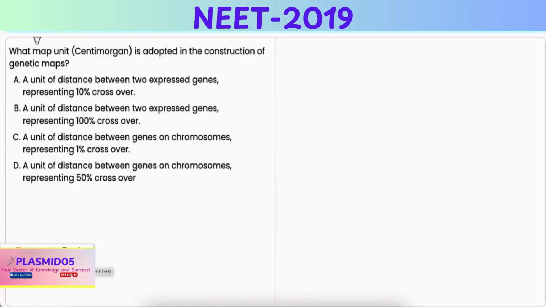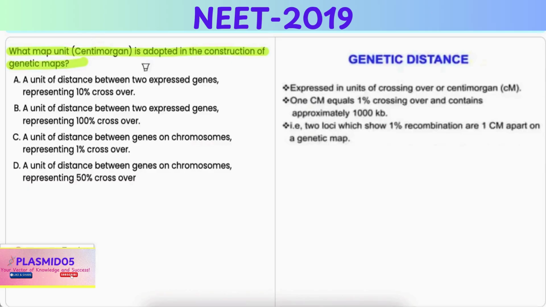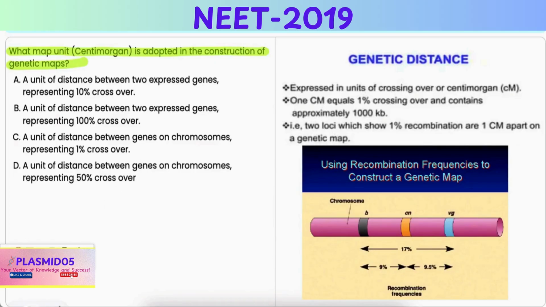What map unit, centimorgan, is adopted in the construction of genetic maps? Now, a map unit, which is also known as centimorgan, is a unit of measurement used in genetics to represent the genetic distance between two loci on a chromosome.